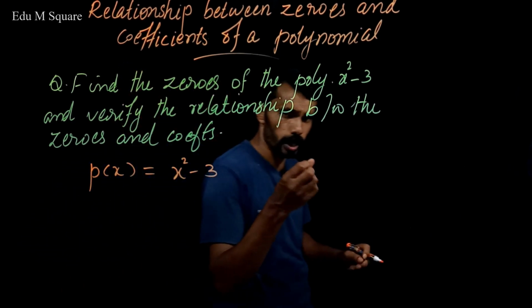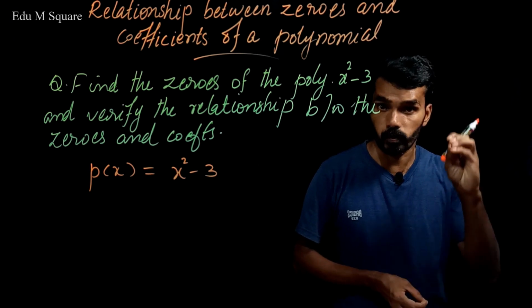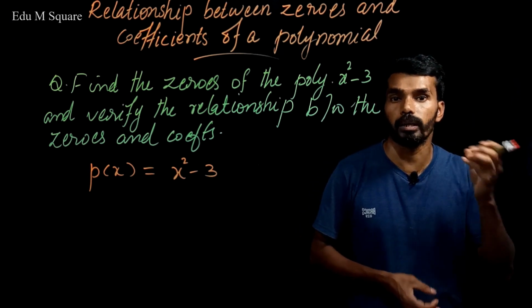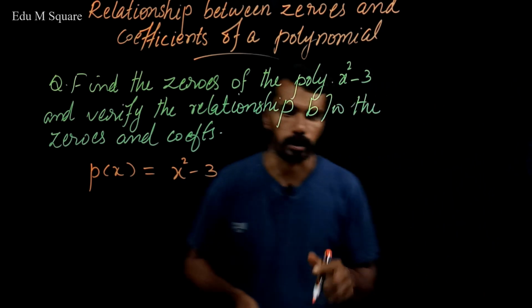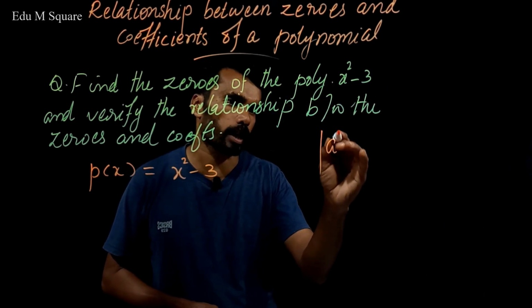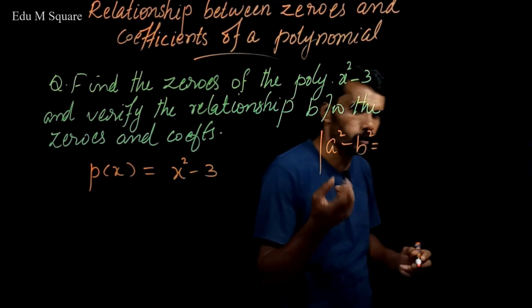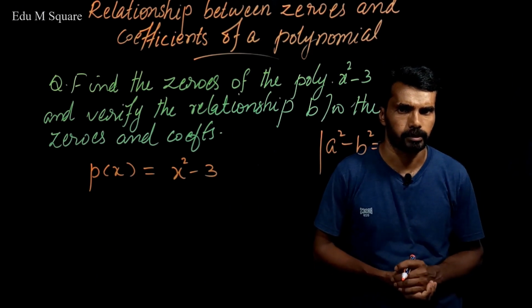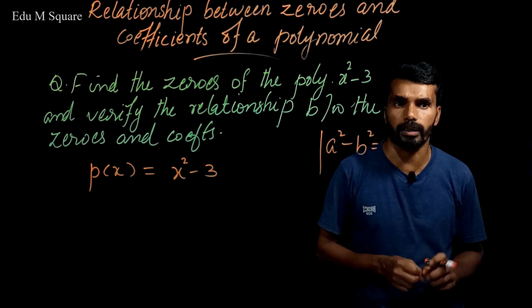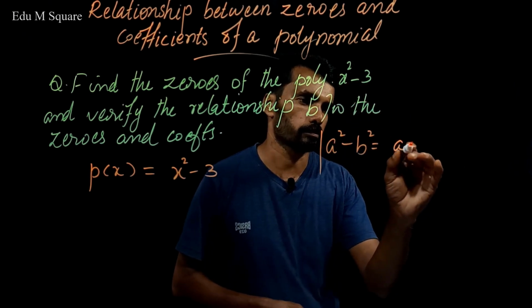So let us just recall one identity that we have learned earlier, a square minus b square. So what is a square minus b square? We have learned this identity in class 8, I think. So a square minus b square is equal to a plus b into a minus b.